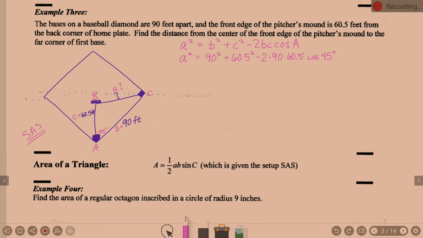Now, if you wanted to, you technically could plug this whole thing into the calculator as one big expression: 90 squared plus 60.5 squared minus 2 times 90 times 60.5 times cosine of 45 degrees. And get that value.